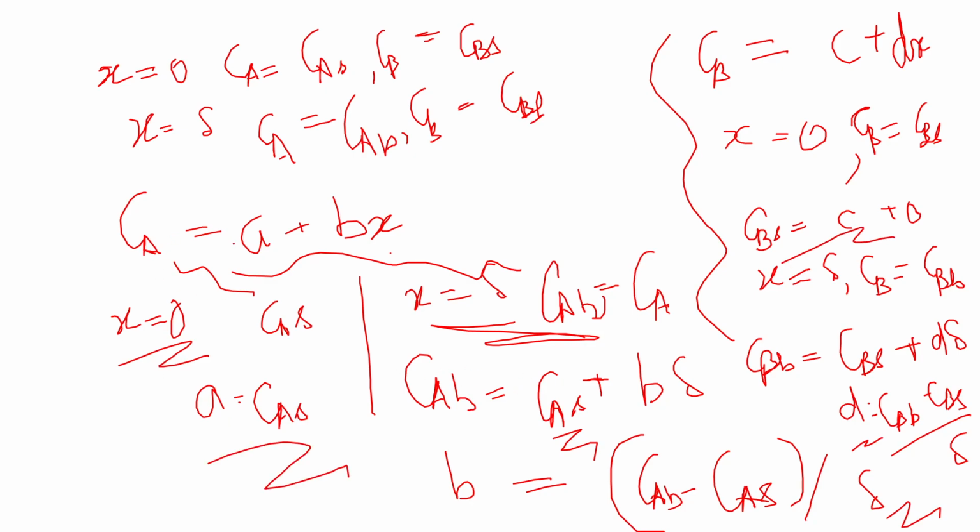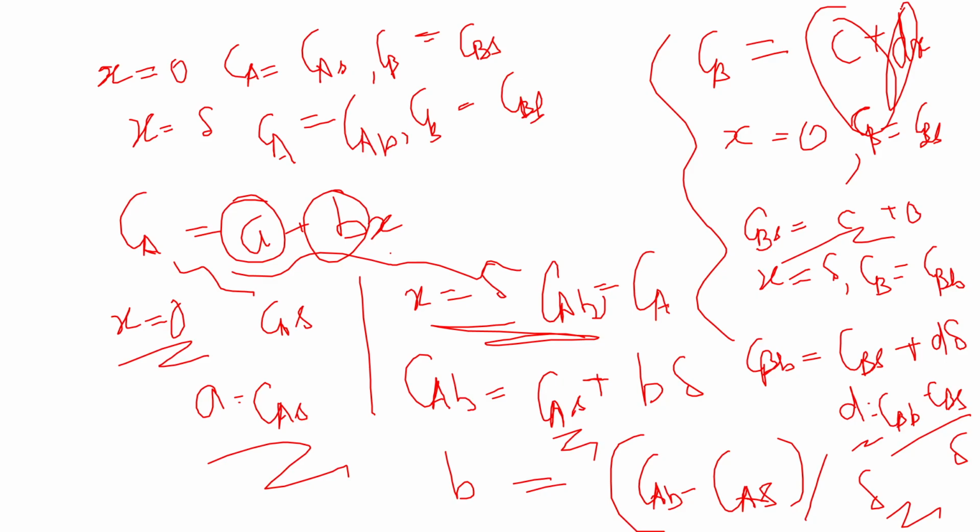So I already know CA equal to A plus BX. I found A, I found B. Similarly, CB equal to C plus DX. I found C, I found D. So this is how you found out A, B, C, D. Now what you have to do? What is still unknown?